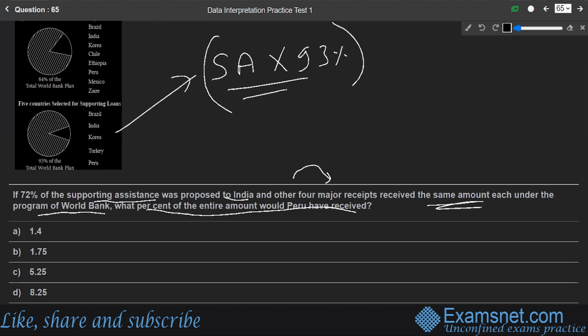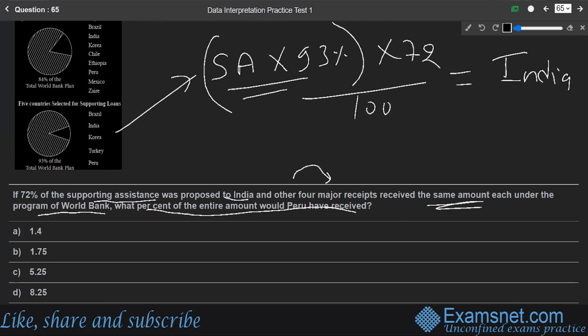India should receive 72% of this amount, and the other 4 major recipients should receive the same amount. Whatever is the leftover part should be distributed between the other recipients equally. For that we need to find out what is 72% of the 93% of the total supporting assistance.